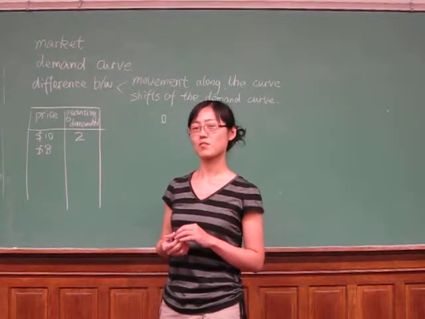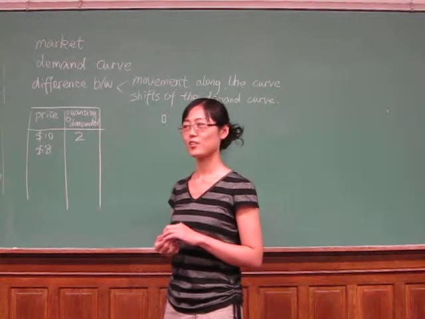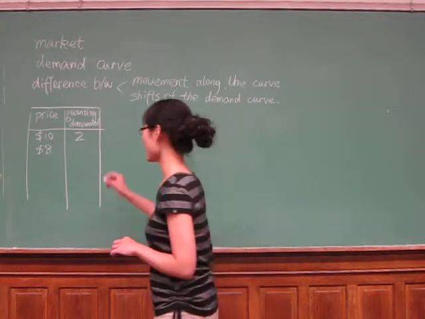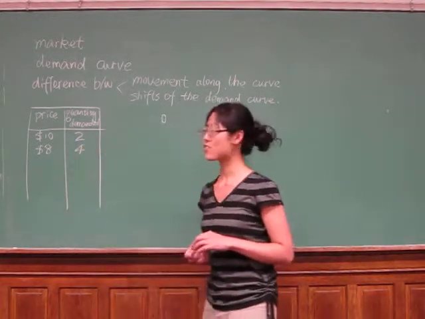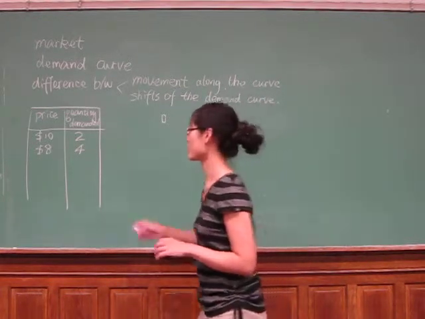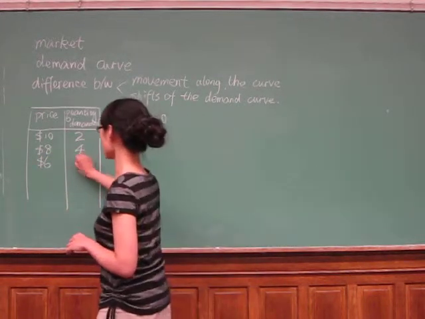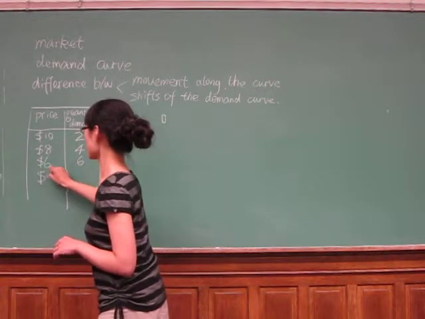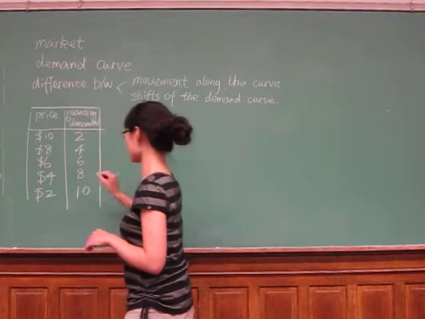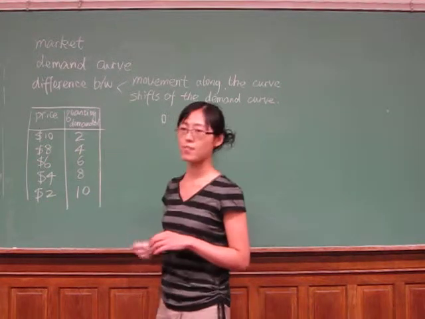How many cups of coffee he wants to buy? More than 2 cups? More. Why more? Because it's cheaper. So you want to buy more, you can afford more. Now it's even lower price, and you can afford 6, $4, 8 cups, $2, 10 cups. So the price goes down, the quantity demanded goes up.